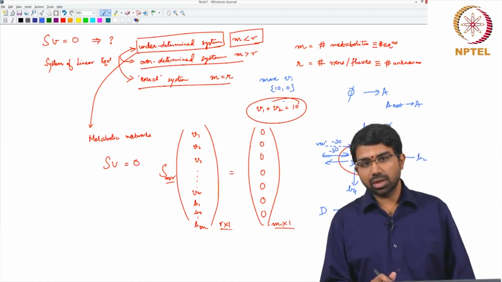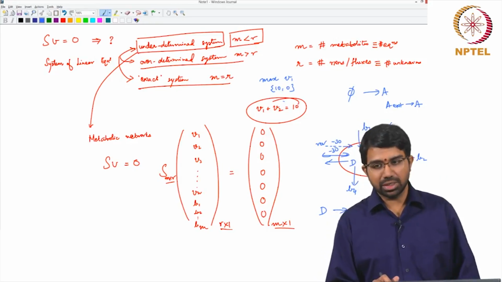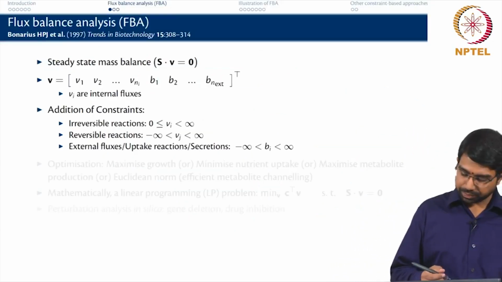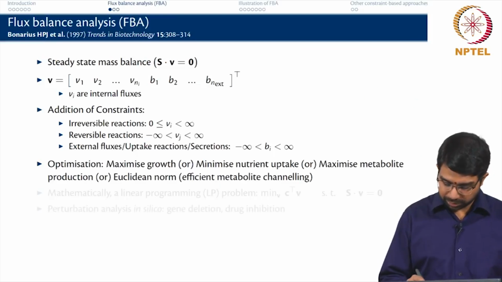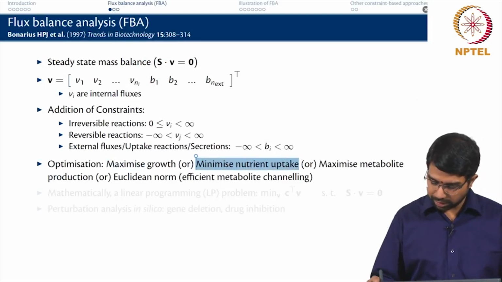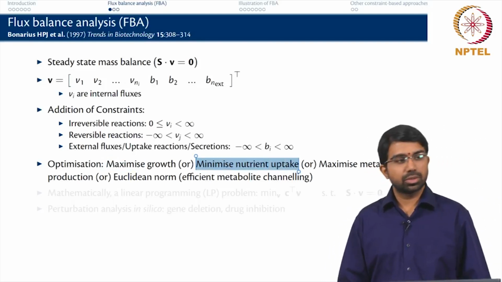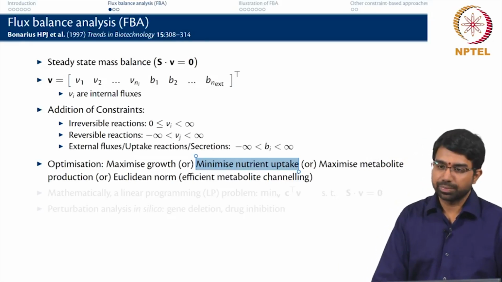So, it is easy to find potentially a unique solution, not necessarily always, when you start specifying an optimization criterion. So, typically it has been found that if you try to maximize growth or minimize nutrient uptake, they are useful optimizations to carry out to find out what is the possible flux distribution.